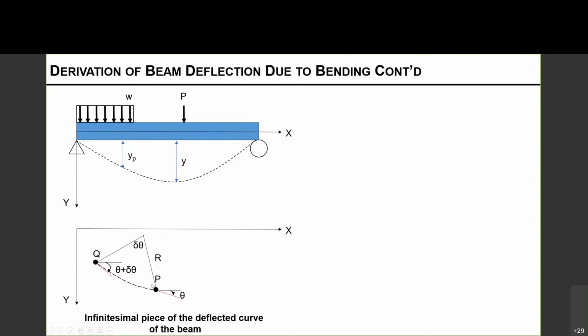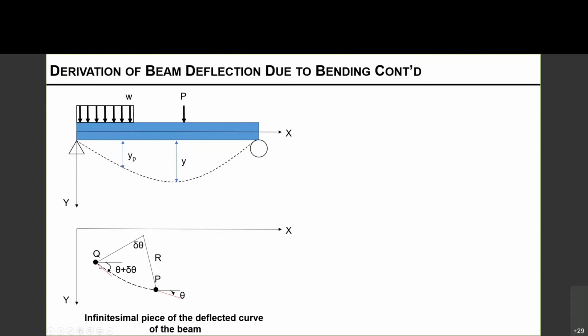The reason is that when you go from P to Q, this is a very, very small distance. Therefore, the angle or the slope is changing by delta theta, a very, very small difference.